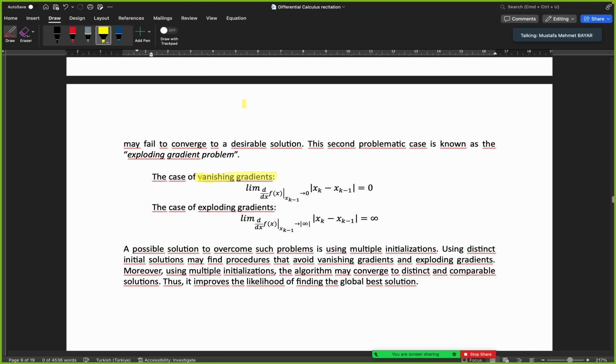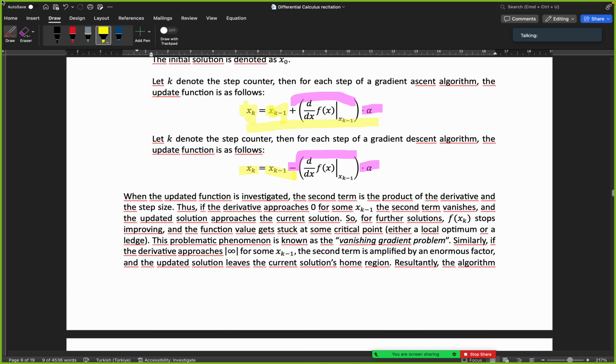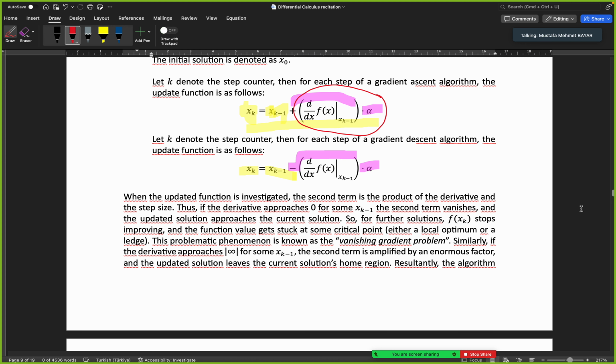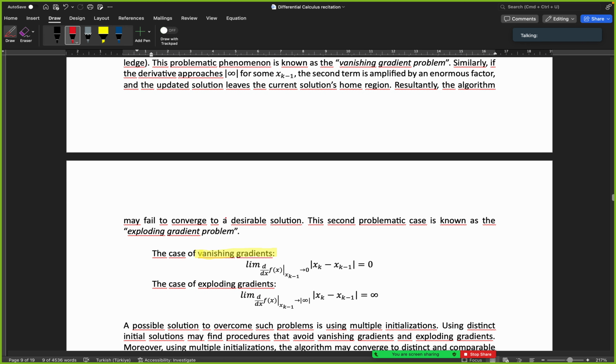That is, the second term of the update function, this guy, is just the product of the first order partial derivative. And when the first order partial derivative approaches 0, then the difference between the new and the old solutions is just 0.